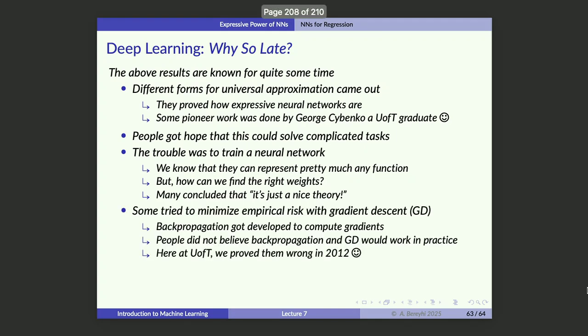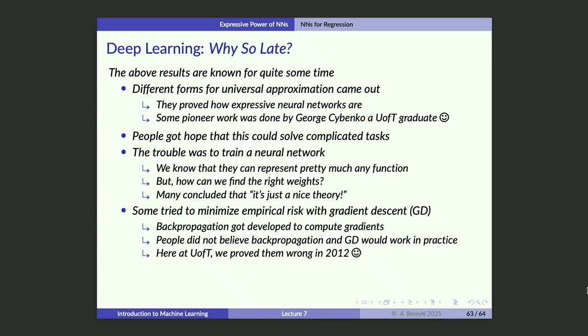But then a bunch of people here at UofT insisted on that. So people tried to do this. LeCun tried to do that. Everybody came up with the idea that, okay, just use gradient descent. And if you want to compute the gradients, just use the chain rule, which ends up with the algorithm backpropagation. You can use it to just train a deep neural network.